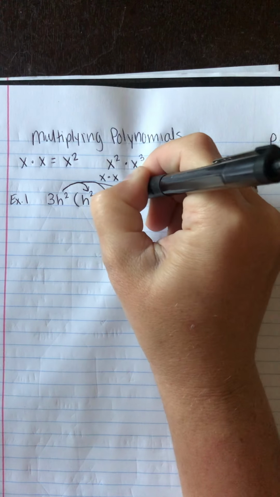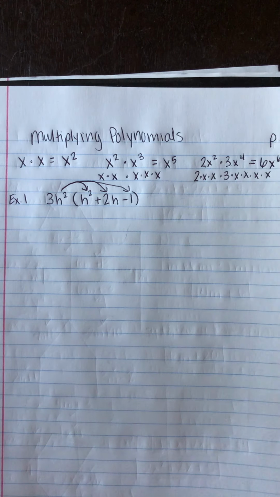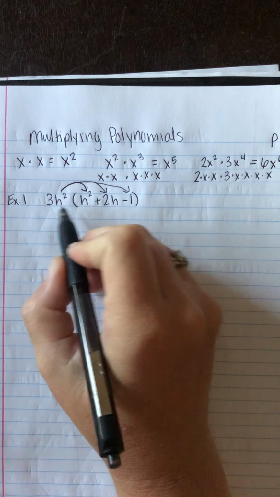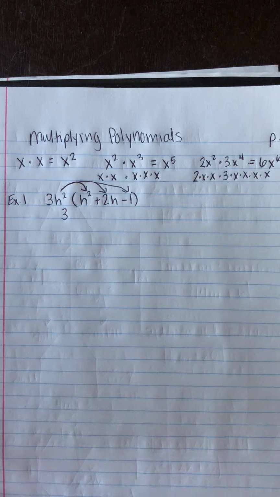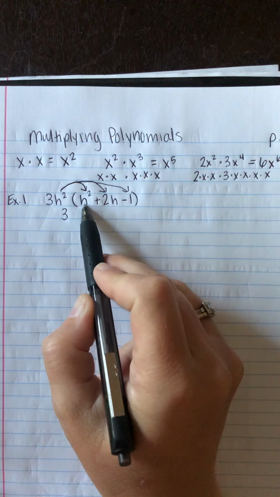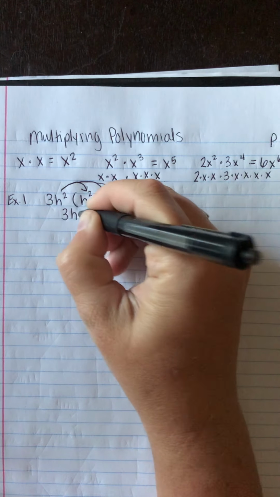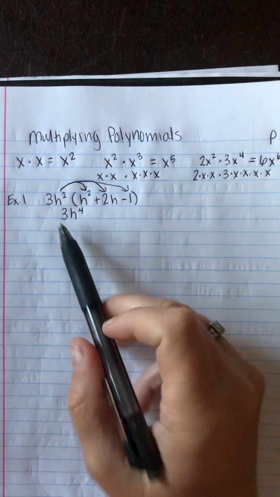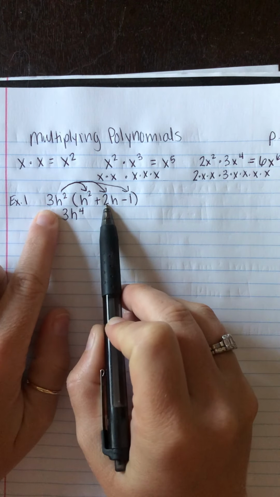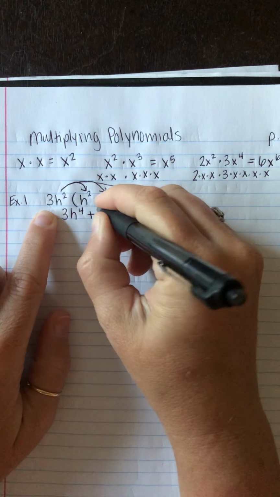And we know distributive property is telling us to multiply. So we're going to end up with 3h squared times h squared is going to give us 3. Our coefficient stays the same. And h squared times h squared is going to give us h to the 4th power. So that'll be our first term. Second term, we're going to multiply our 3 times our 2, and we're going to get 6.